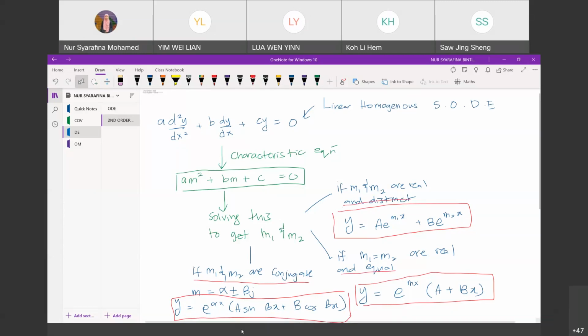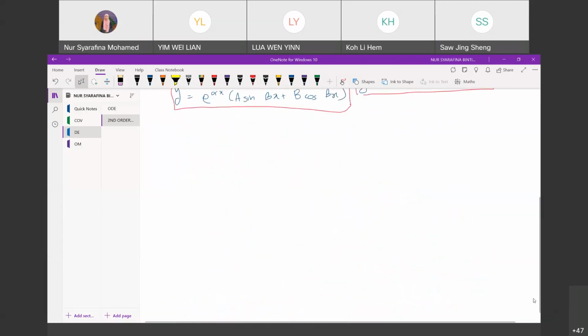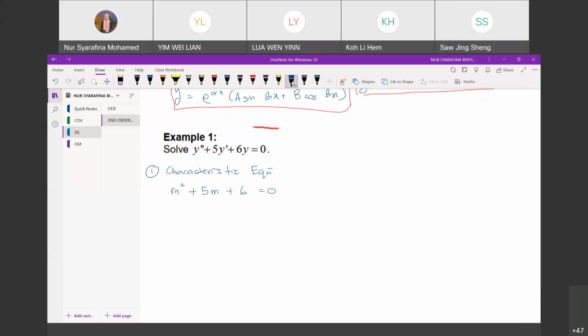Now let's take a look at the first example. So we have y double prime plus 5y prime plus 6y. Our first step is to change to the characteristic equation, where y double prime becomes m squared plus 5m plus 6 equals 0. Remember, this is a quadratic equation.